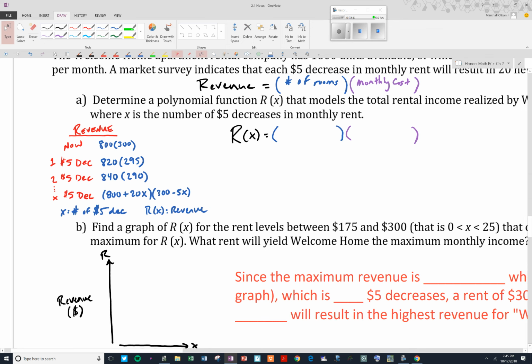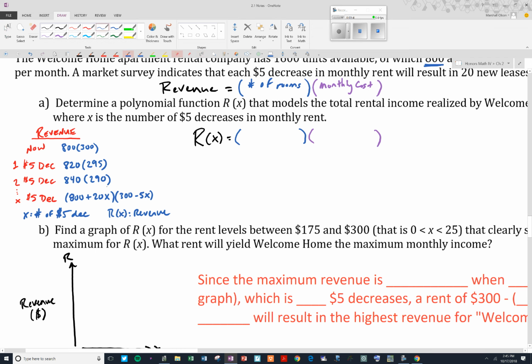So here's the equation that we're going to have here. The number of rooms, we just said, is 800 plus 20x. So using my idea from before, that's what we want to use as an expression. The monthly cost is 300 minus 5x. We're going to put this in standard form.